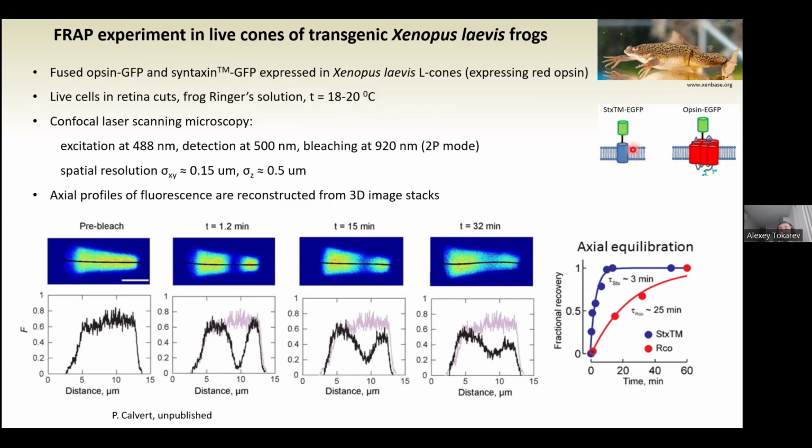So this is a convenient simple molecule which we believe behaves diffusionally like rhodopsin. So it is called a diffusional label.